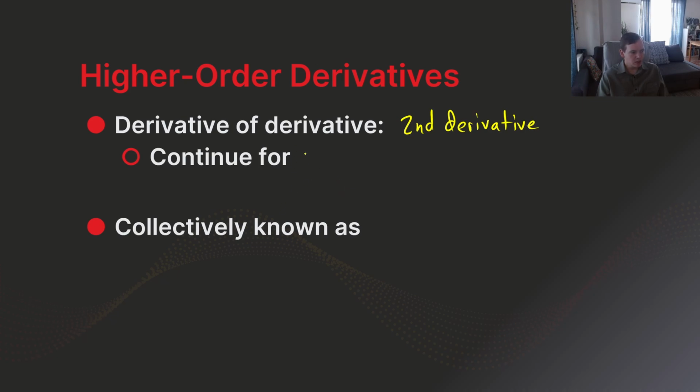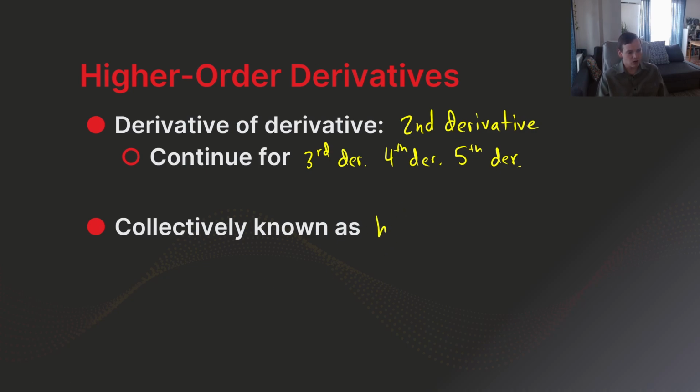And if you continue, you'll get a third derivative, or a fourth derivative, or a fifth derivative, etc., out to infinity. So the derivative of the second derivative is the third derivative, the derivative of the third derivative is the fourth derivative, the derivative of the fourth derivative is the fifth derivative, and so on and so forth.